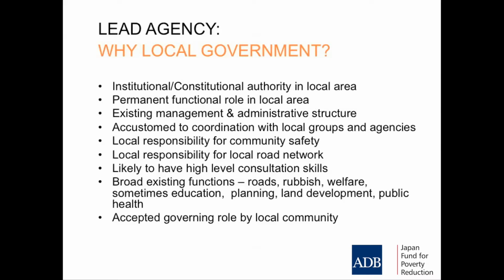I mean, local government does roads and rubbish and welfare and education sometimes, and planning and land development and public health. All of those issues, with perhaps the exception of rubbish, might have some relevance to a community road safety program of one sort or another. And it's accepted, local government is accepted as a governing role in the local area. So there's some of the reasons why I think local government is good.